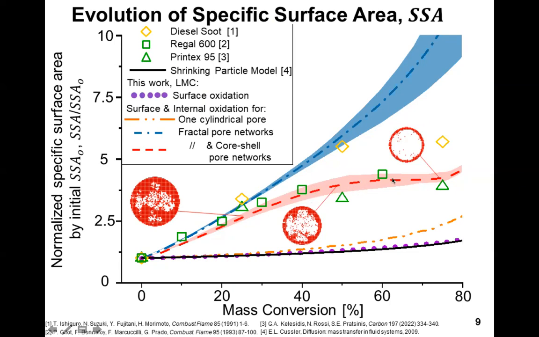After the core is consumed, though, at large conversions, we obtain hollow nanoparticles and their specific surface area levels off. So our lattice Monte Carlo model for surface and internal oxidation of particles with core shell fractal pore networks is in excellent agreement with all the datasets that I'm presenting you here at the entire conversion range.